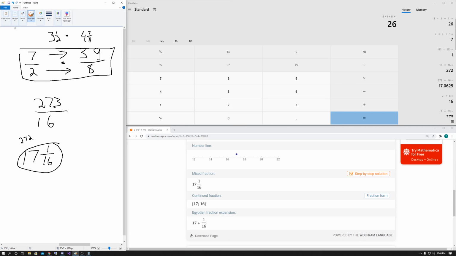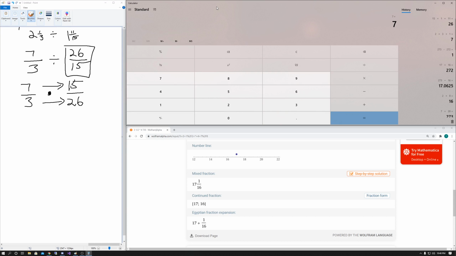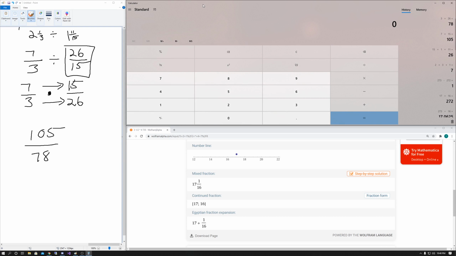Right? And what do we do with multiplication? We just multiply straight across. So let's do that. So we're going to do 7 times 15, which gives us 105. And we're going to say 3 times 26, which gives us 78. We're almost done. We're just going to turn it back into a mixed number. 105 divided by 78.